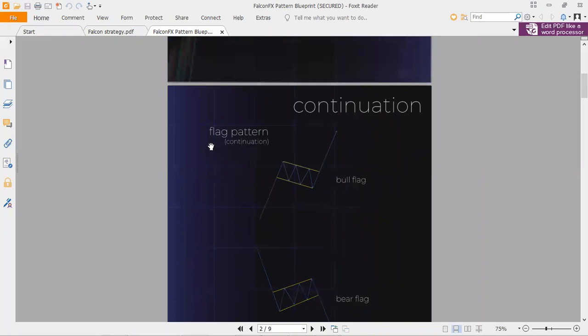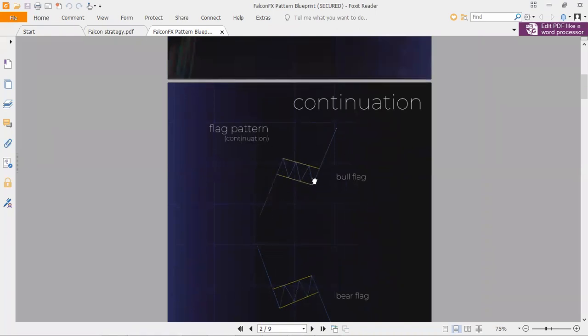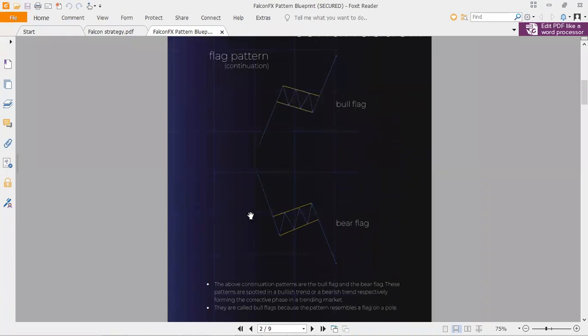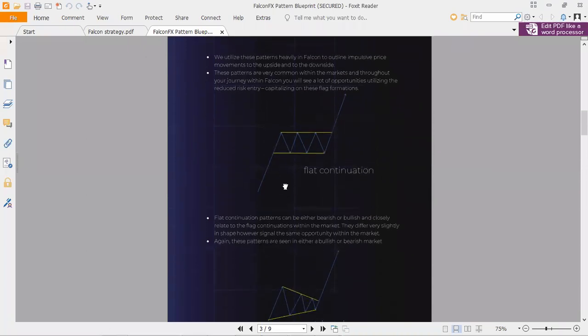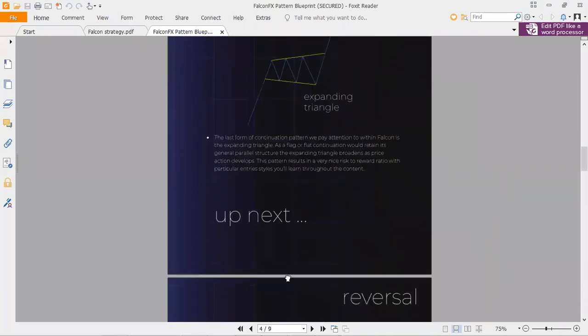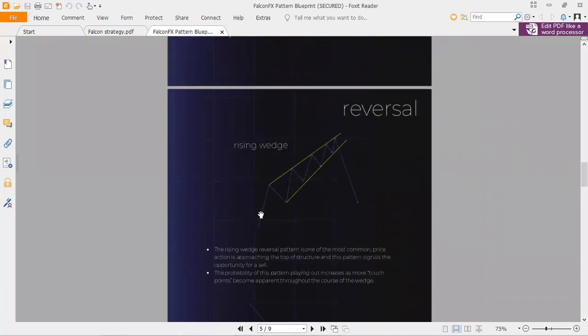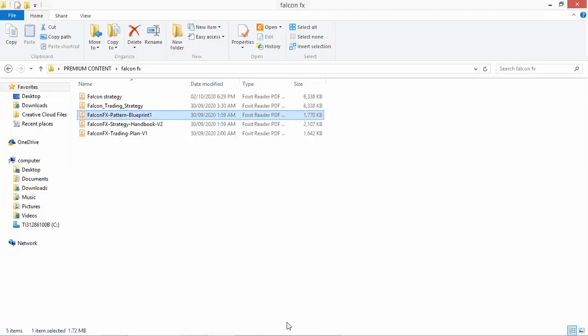So we have flags: impulse move, correction in the opposite direction, impulse move. That's a bull flag. Bear flag, same thing, different direction. Now what I explained is the rising wedge. Impulse move, notice how the correction is in the same direction of the first leg of the impulse move. And then the reversal is an impulse move in the opposite direction.